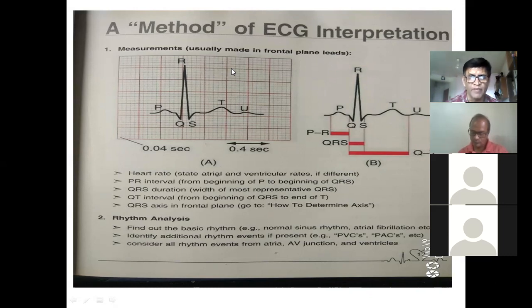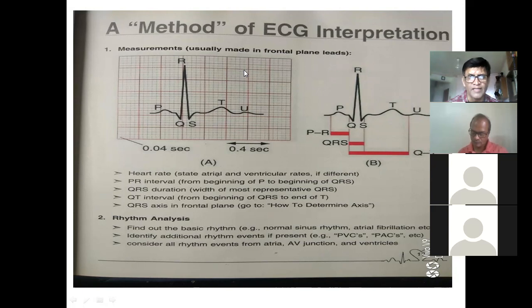If the next R wave comes here, it is 136. If it is 12, it comes here. You look at the screen. I'm showing you the cursor here. If it comes to 12, the heart rate is 125. If it is 13, then the heart rate is 115. If it is 14, the heart rate is 107.